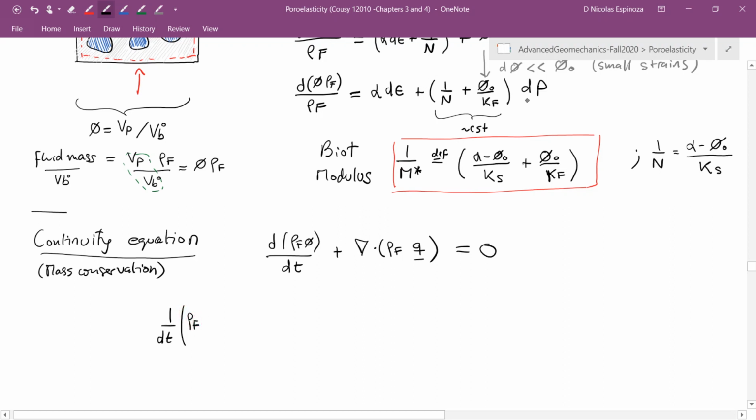And what I have is all of this, and I'm going to use now my brand new definition of the Biot modulus. So this is going to be alpha, change of volumetric strain, plus 1 over the Biot modulus times a change of pressure.